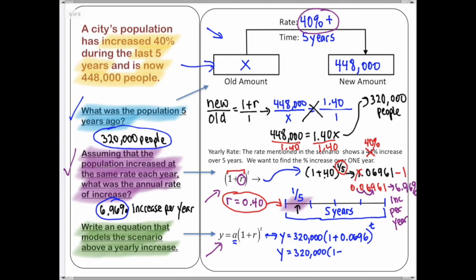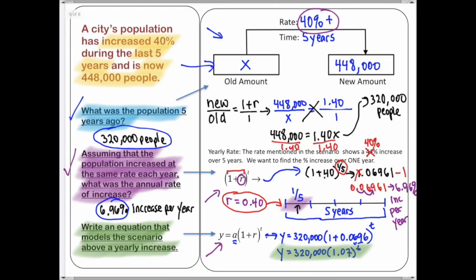1 plus, oops, I'm not going to use the plus sign, that'd be silly. And I'm going to round it to 0.07, because this is going to round that guy up, and to the t. So there we go.